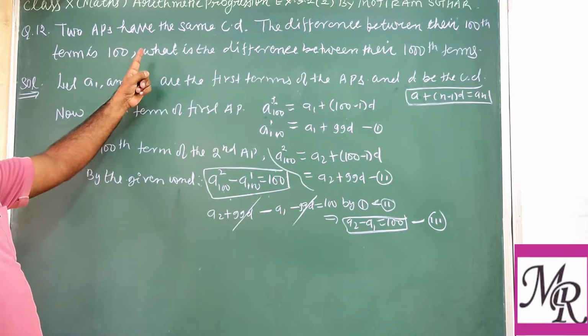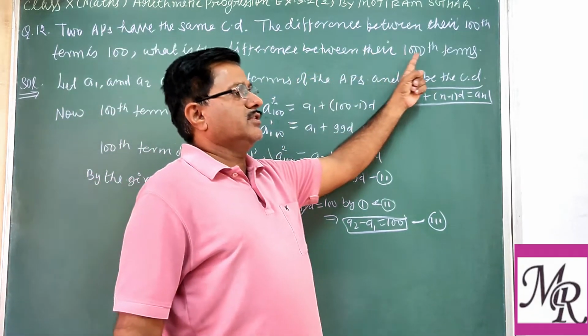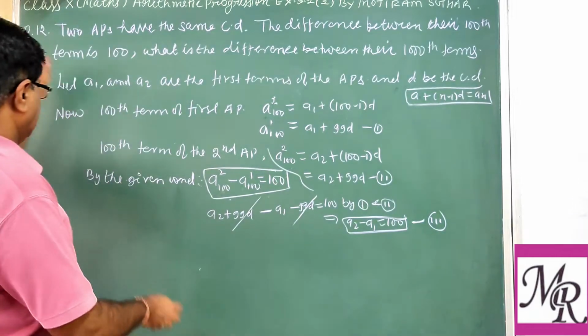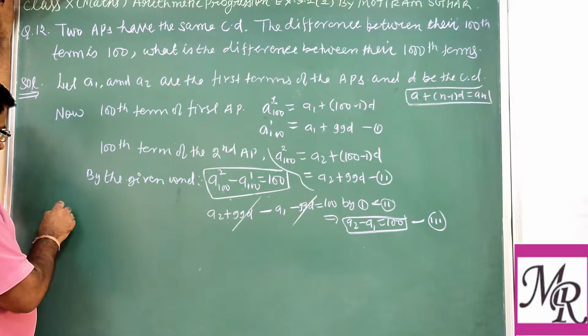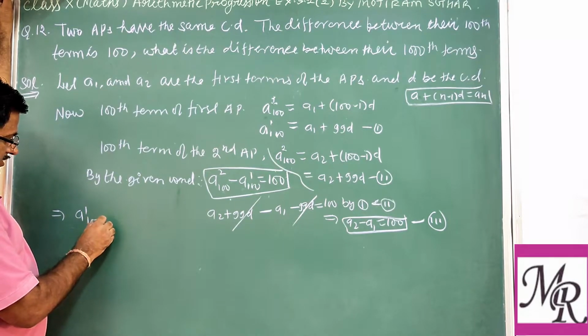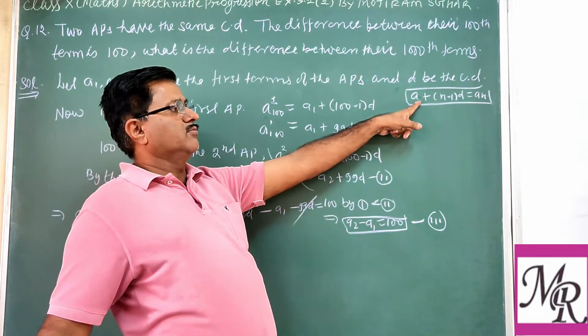Now the question part says, what is the difference between their 1000th terms? So we have to find the 1000th term. So a1000, first AP, 1000th term. You take this formula.